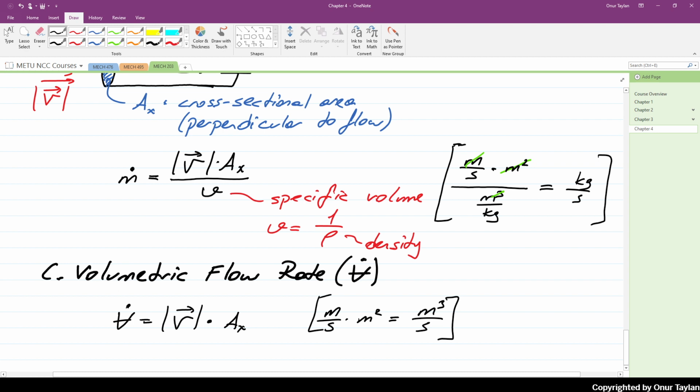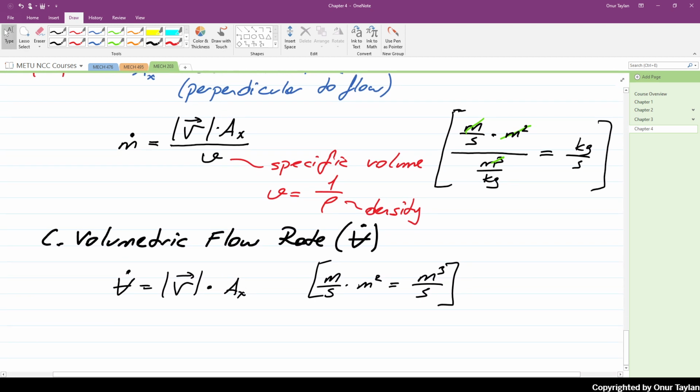You can convert meter cubed to liters and seconds to minutes or hours. So it can be meter cubed per minute, meter cubed per hour, liters per minute, or liters per hour. All these are units for volumetric flow rate.